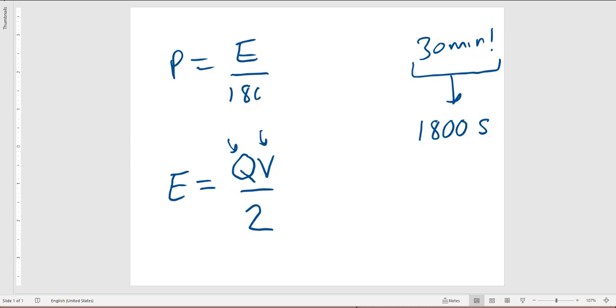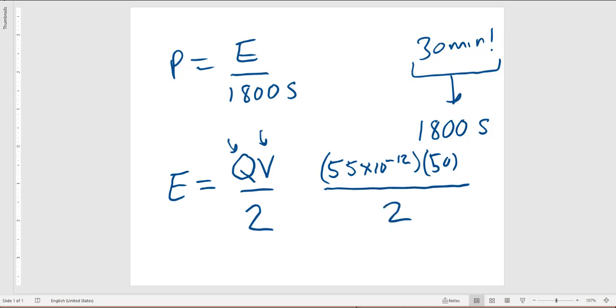The nice thing about having the whiteboard is that you can plug in these units and just cross out things or wipe them out. Next we have to plug in Q and V. Well, Q was 55 times 10 to the minus 12th. V was 50. Got these in the SI units already, so I'm not writing in the units. Divided by 2. Now we have to do this math to figure out the energy first, and then divide by 1800.